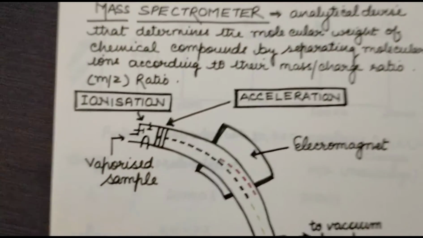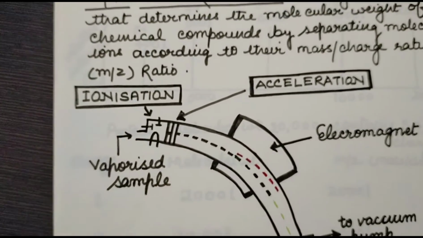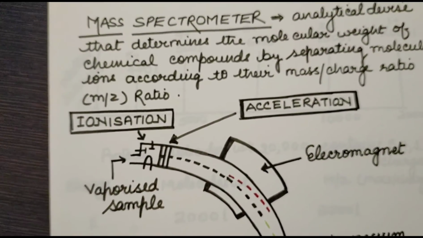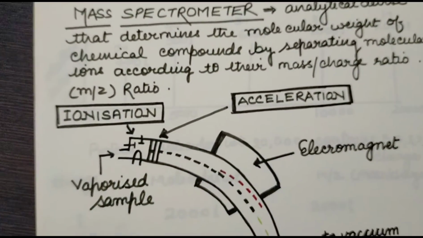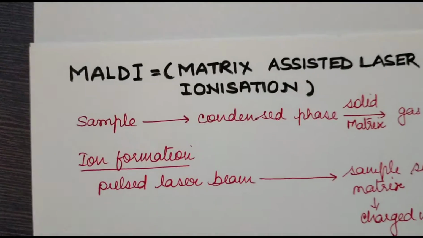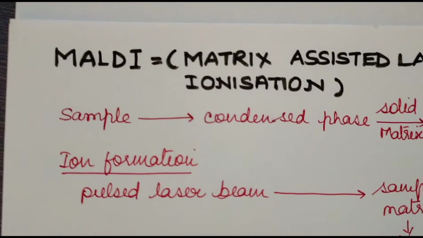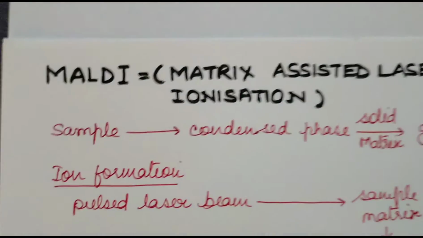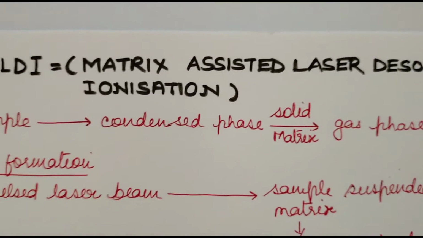As I was telling you, we need ionized and vaporized samples. So how can we prepare them? The name of the technique is MALDI. The full form is matrix assisted laser desorption ionization.